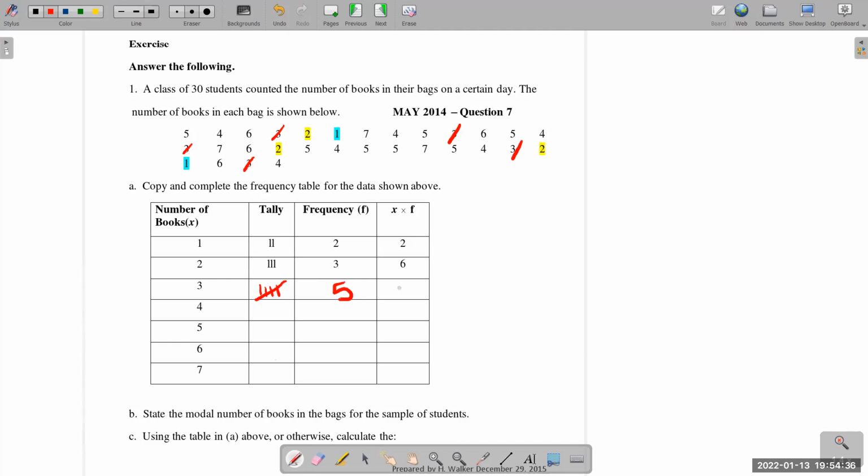So what should I write here, guys? What number should I write by X times F? Very good, 15. So let's go. We're counting 4s now, right? That was a very good observation. 1, 2, 3, 4, 5, 6.